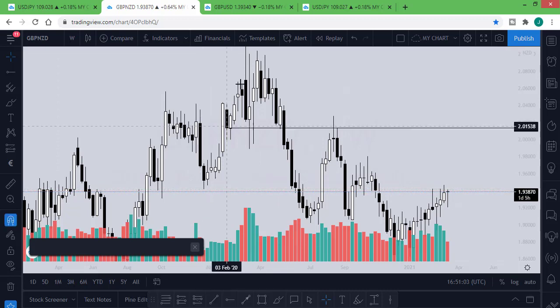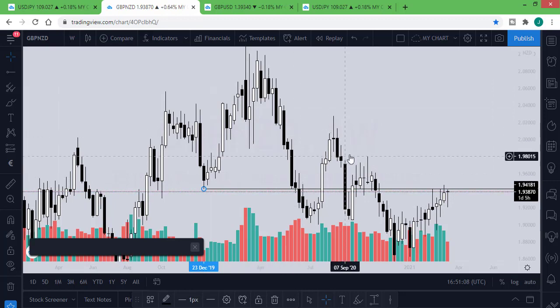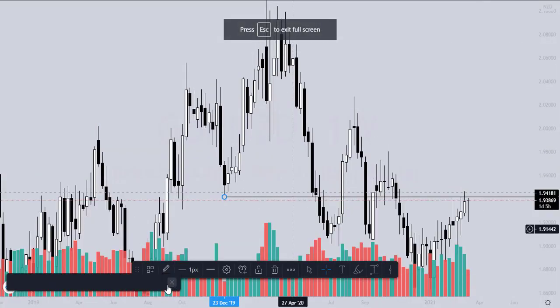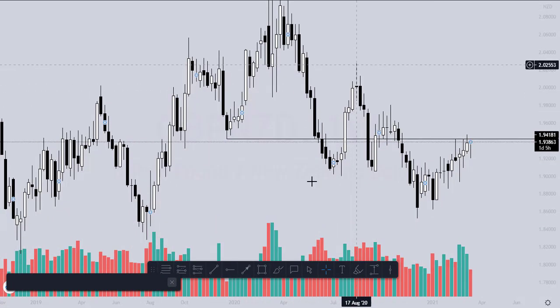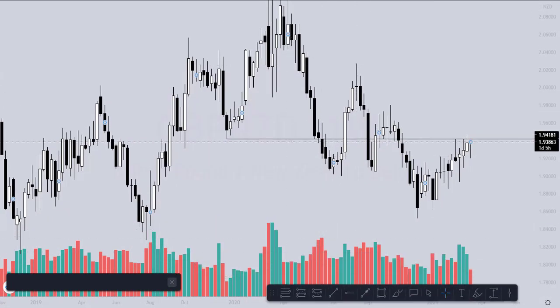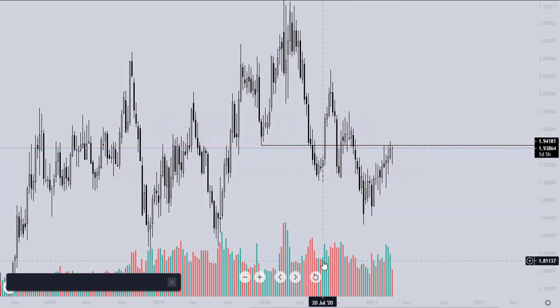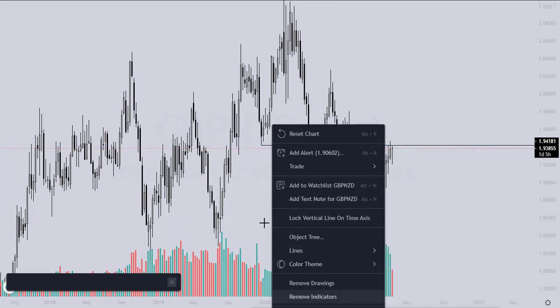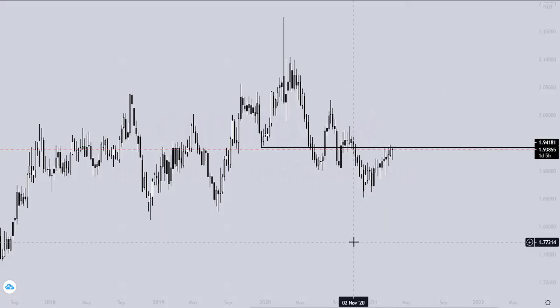When I say broken range, I have to explain. I have to zoom in, guys, because I want to make it clear. I have to remove this volume. Now this is our range.